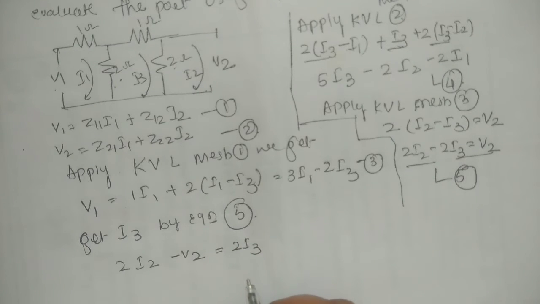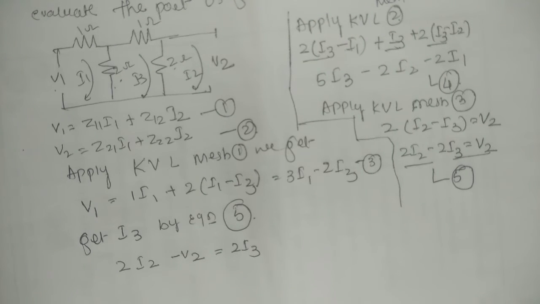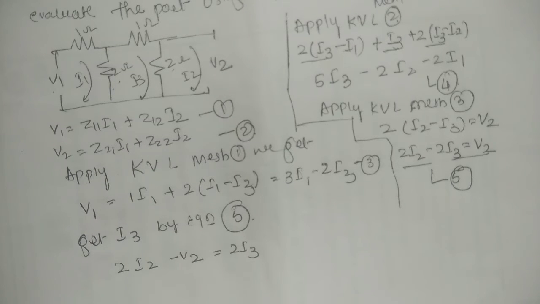Correct. Can we get it or not? Yes. V2 equals 2 I2 minus I3.